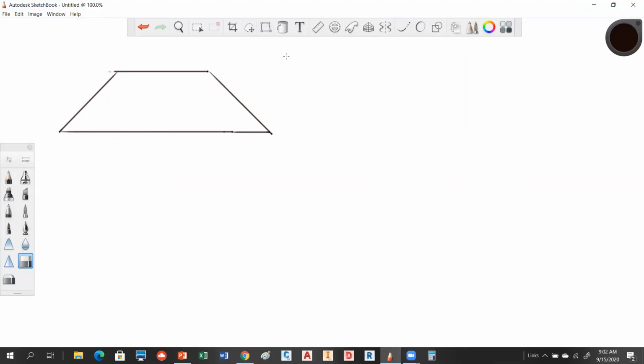Now I'm going to cheat a little bit as I draw this, just to simplify it. Okay, so this truss has internal structures in it.